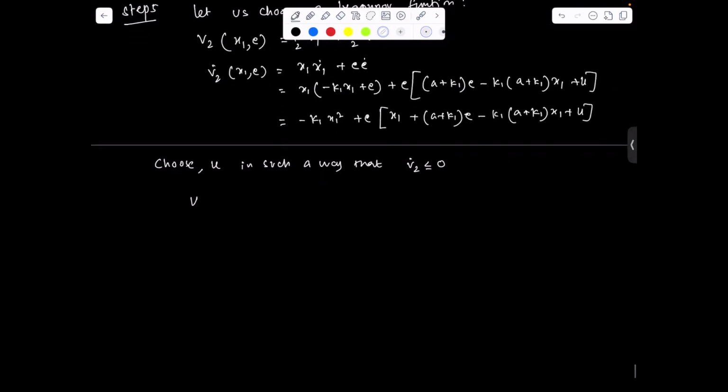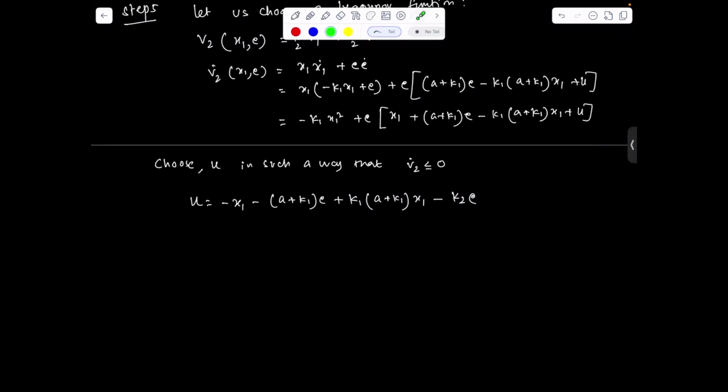Here we are choosing u as minus x1, so that x1 term will cancel, and minus a plus k1 e plus k1 a plus k1 x1, and another term minus k2 e.